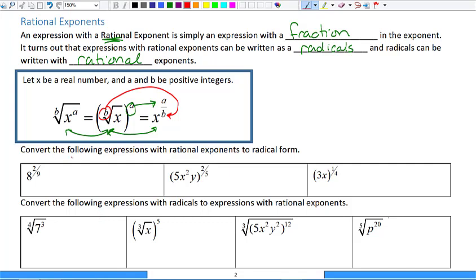First, we will practice converting the following expressions with rational exponents to radical form. We have 8 to the 2/9. If I want to convert this to radical form, first you need to make a radical symbol.